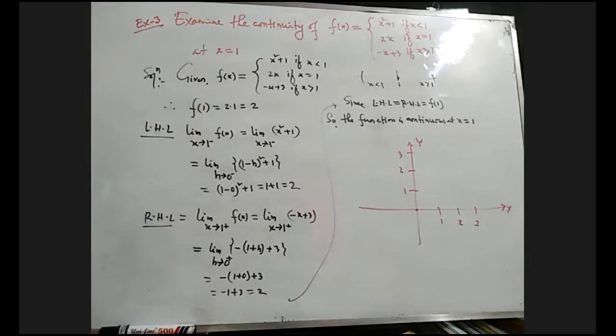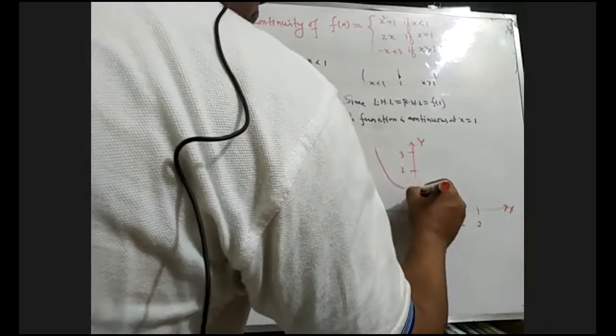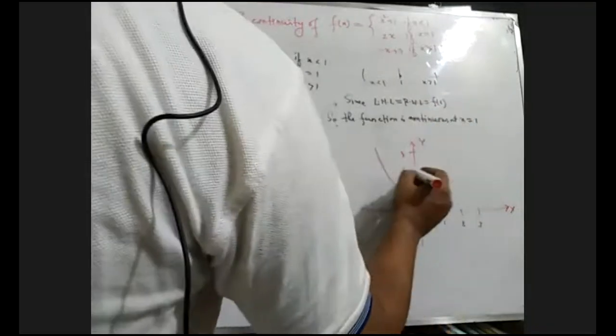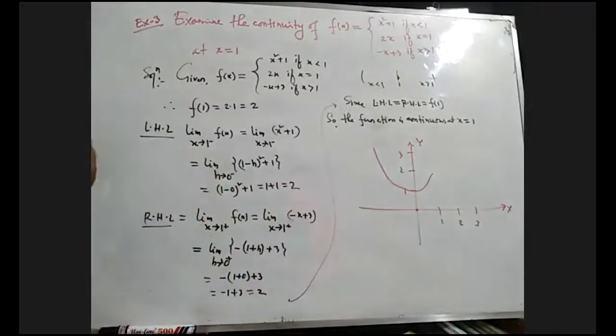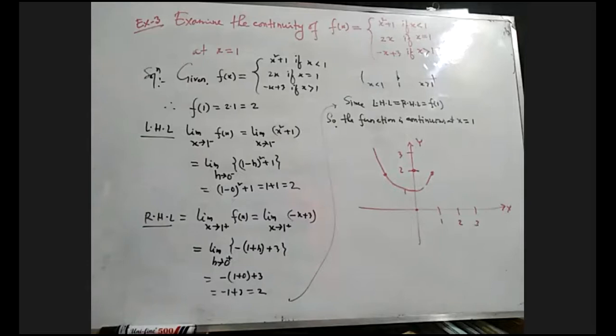Actually, f of 1 at x equals to 1, we get 2. There are two limits at x equals to 1. This is the left hand limit, this is the right hand limit, and this is the functional value.